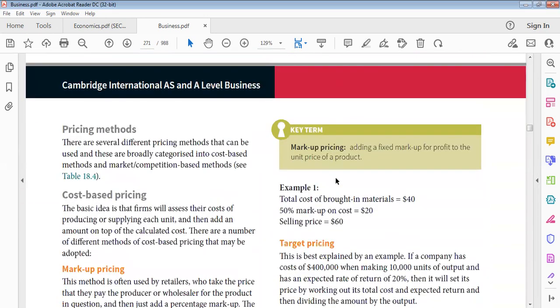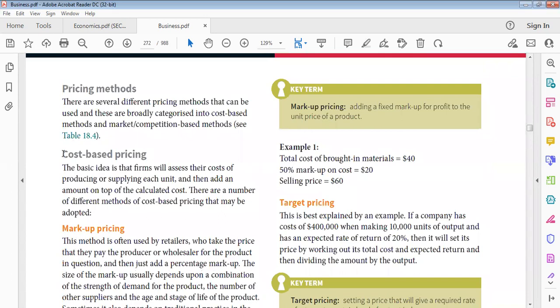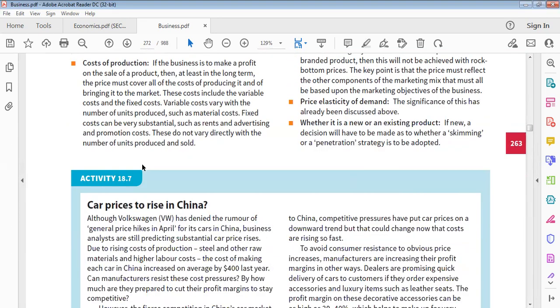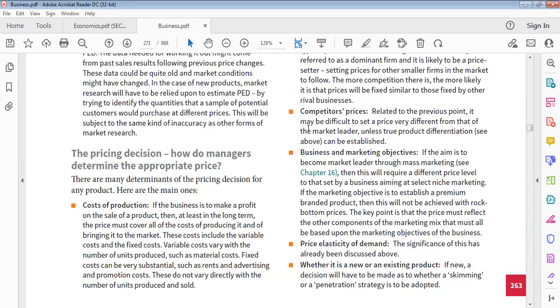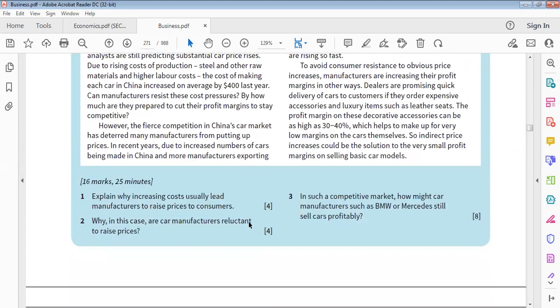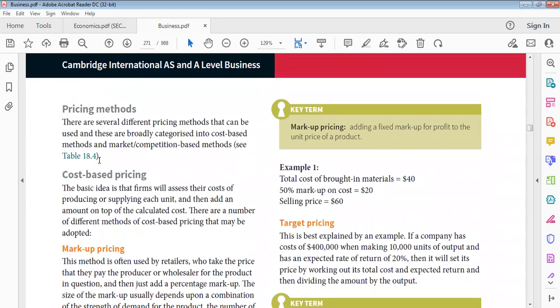But when you talk about pricing, there are two main types of pricing methods. What we just discussed are things that managers need to consider when they choose a price, because ultimately the manager will decide the price. But when they become more serious, that's when they need to consider the two main types of method.